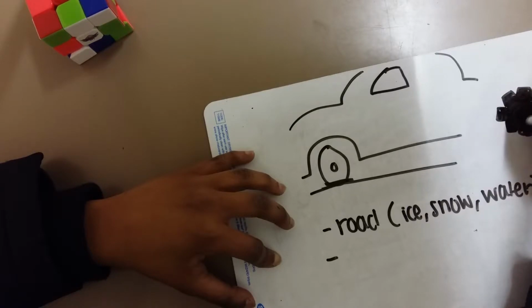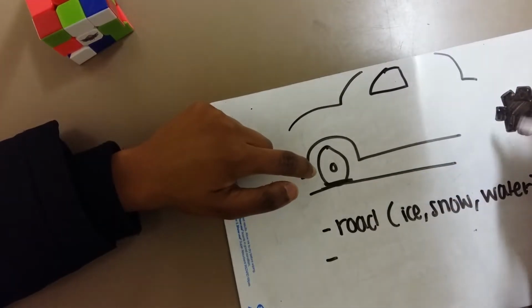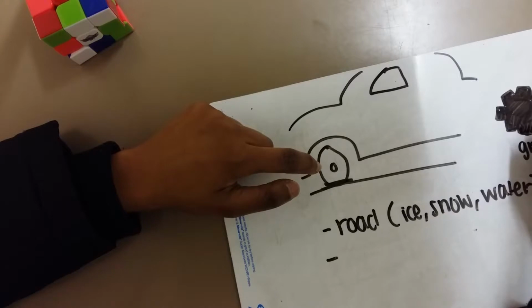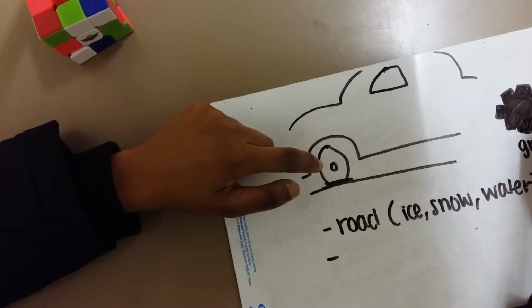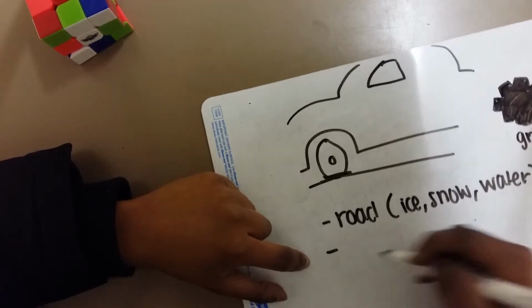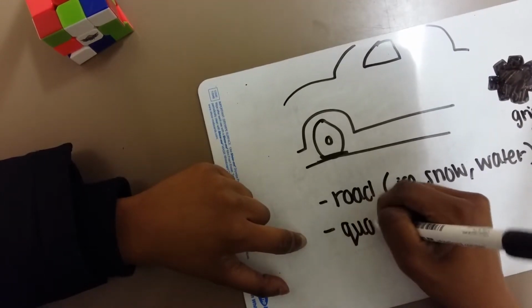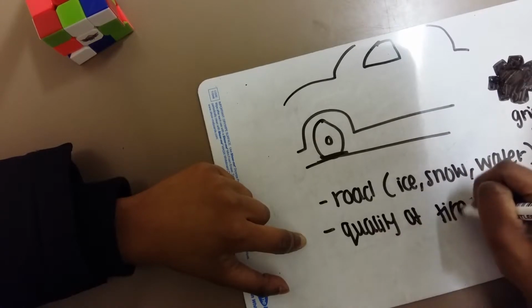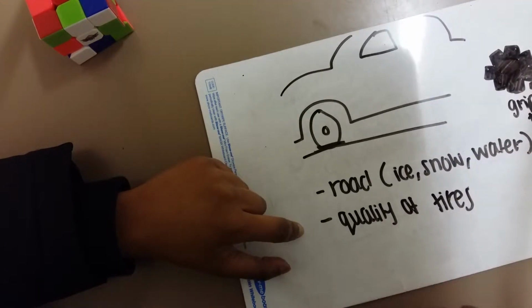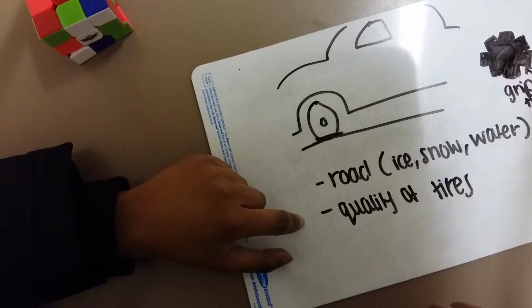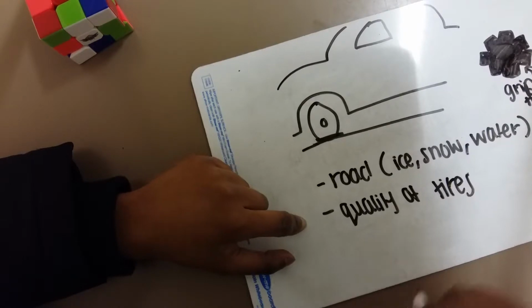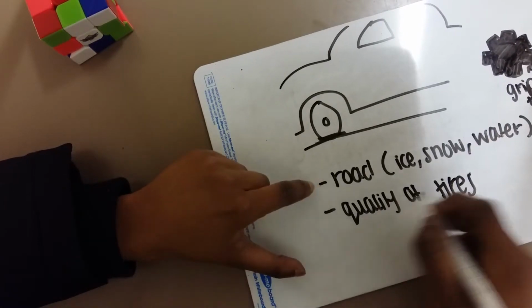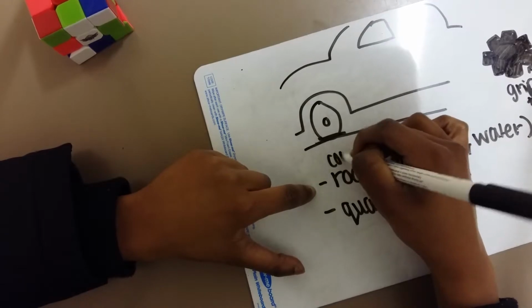This would have more grip than this tire. So it would be the quality of the tires. And then you also have, what else? Well, you have the road, the conditions on the road.